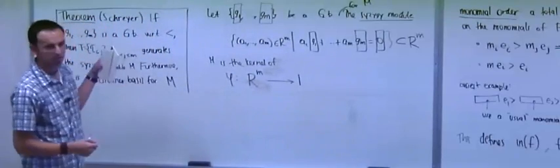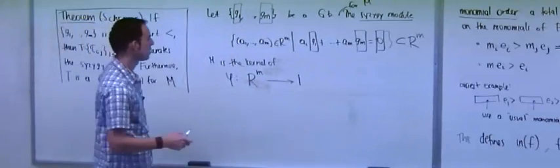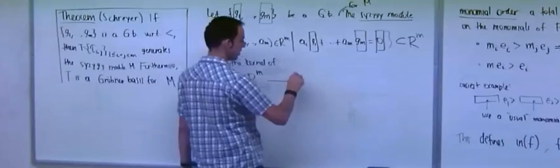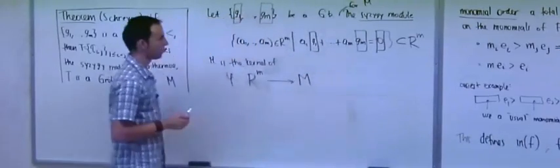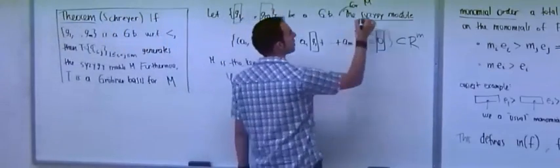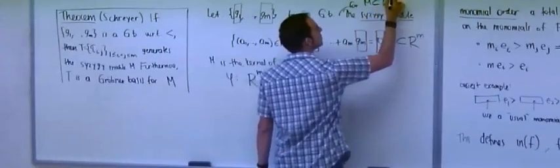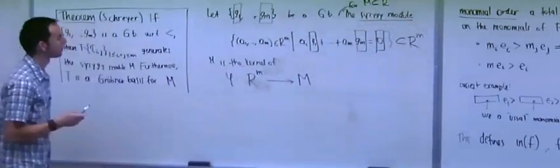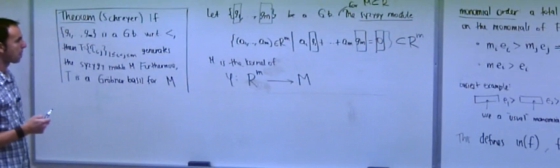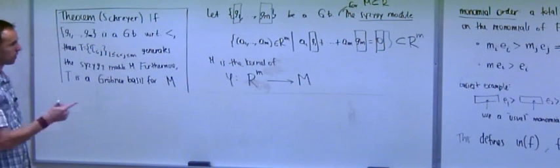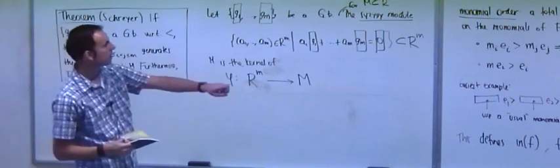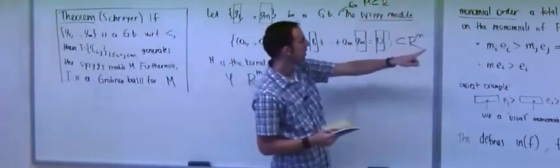So M is the module that G1 up to Gm generate. So I want to define a homomorphism from the free module R to the m to the module M, which is a submodule of R to the n, let's say. And you should think about that example over there while I do this, right? So in that example over there, n is equal to 1 and m is equal to 3.